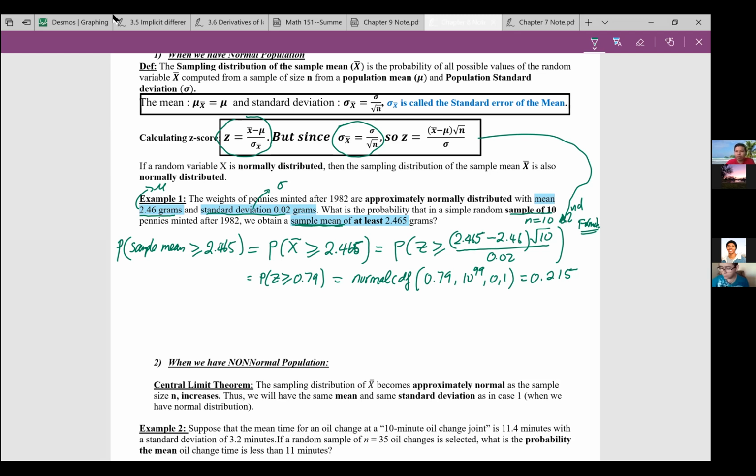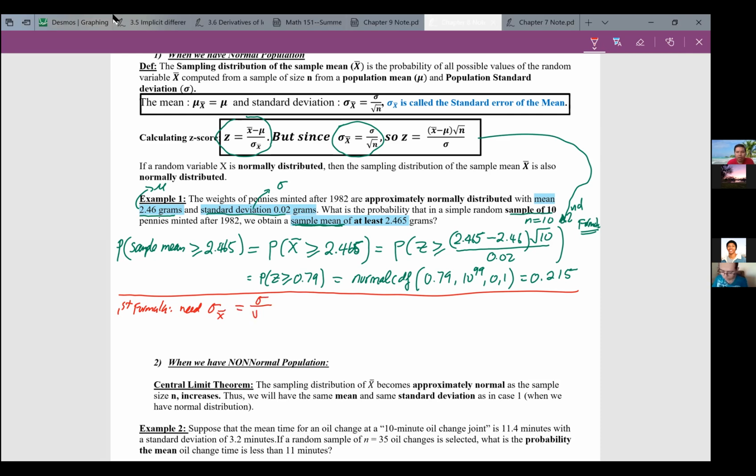If you want to use the first formula, can you still do it? Right? Yes, you can. First formula. All right, you need sigma x bar, which is sigma divided by radical n. So you take 0.02 divided by radical 10. So it gives you 0.0063. Okay.